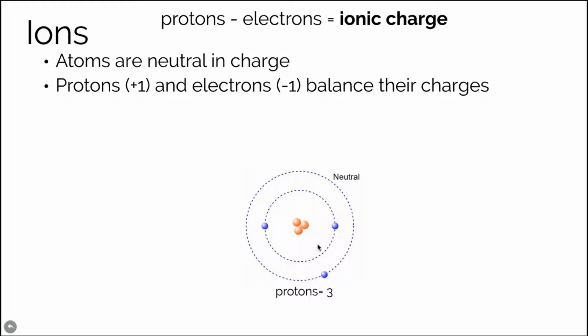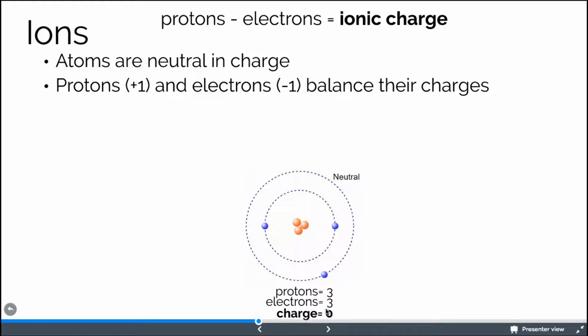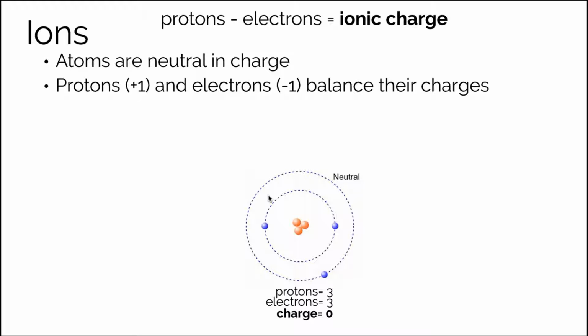So if we list all that out, we have 3 protons and 3 electrons. And if you apply this formula, you take 3 protons minus 3 electrons, we get an overall charge of 0.